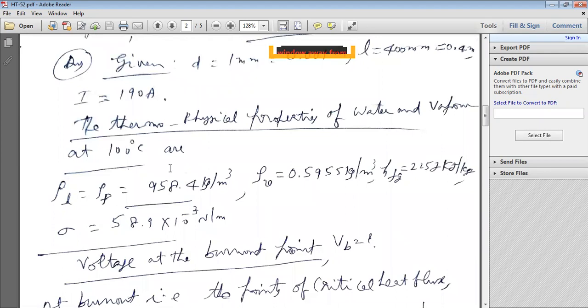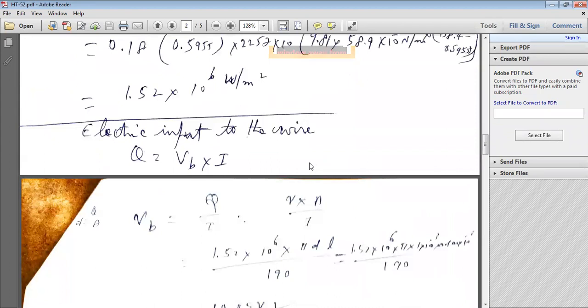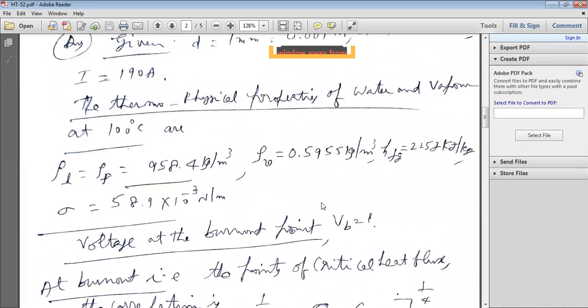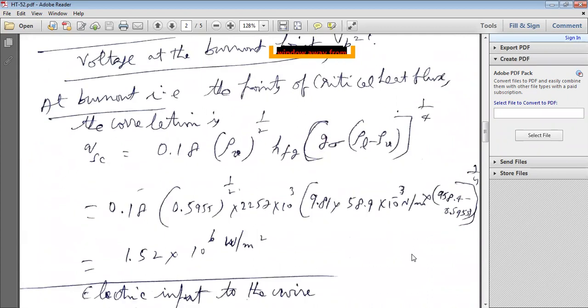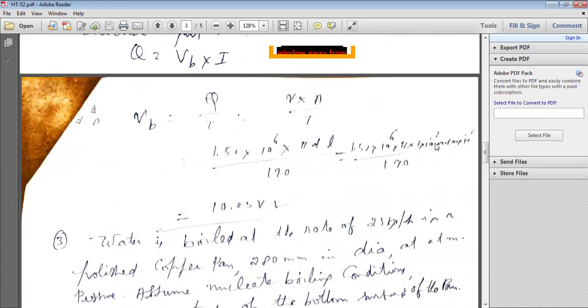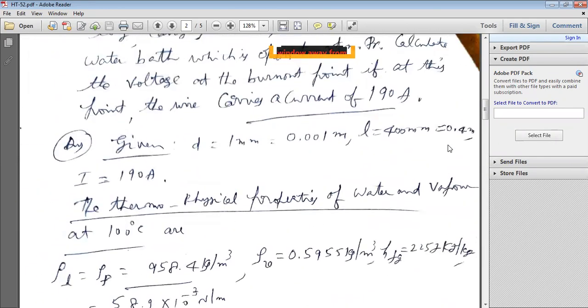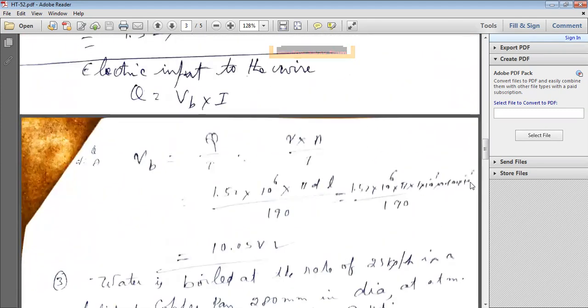The current is given as 190 amperes. At that current your wire may burn out, and we have to find the burnout voltage. So that is 1.5 × 10^6 times pi times the diameter of the wire, 1 mm, so 1 × 10^-3 meters, times L. The length of the wire is 400 mm, so 400 × 10^-3.